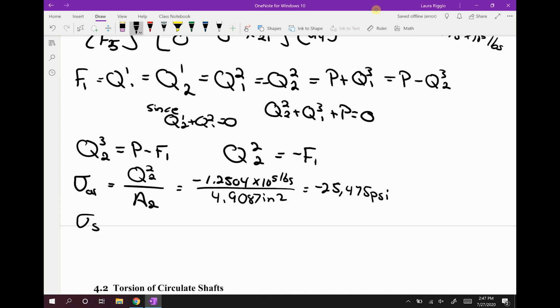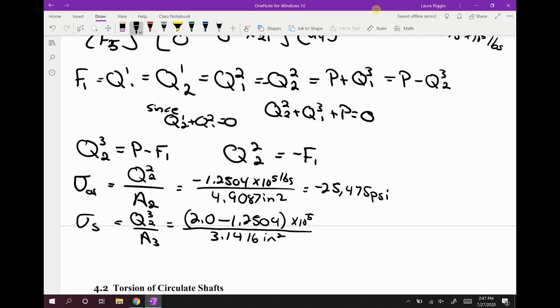And the stress in our steel, which is element 2, is Q32 over A3, which is minus 1.2504 times 10 to the 5 over 3.1416, which is 23,858.